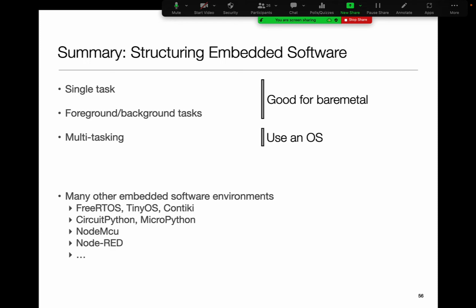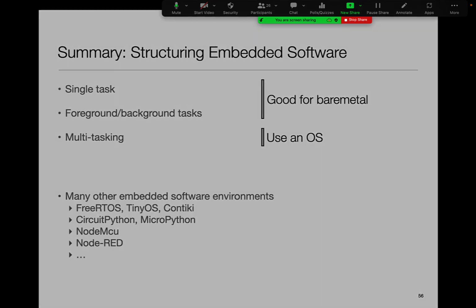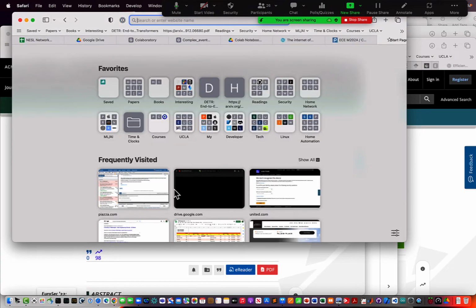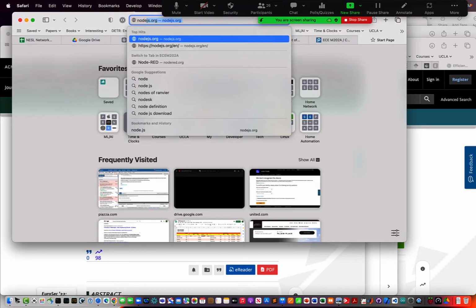Node-RED gives you an abstraction where they give you a library of blocks, and then you connect them together, and Node-RED takes the burden of generating all the code.